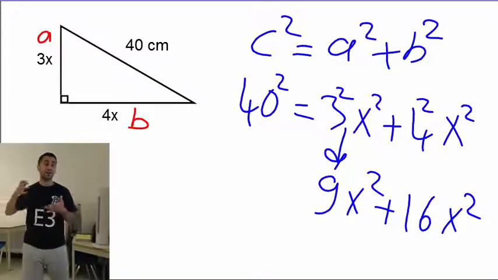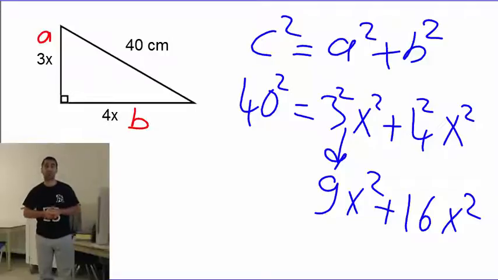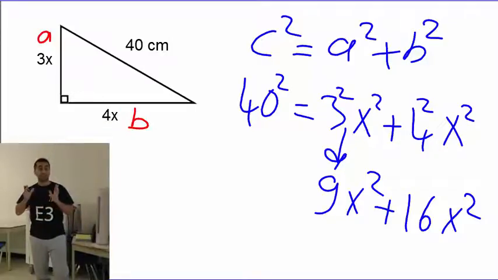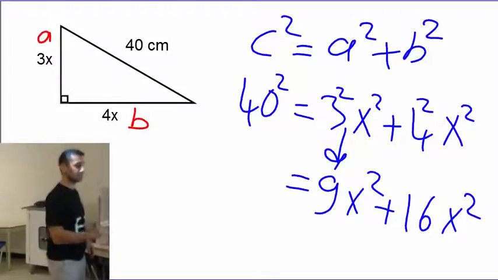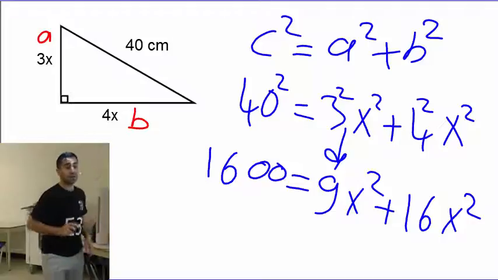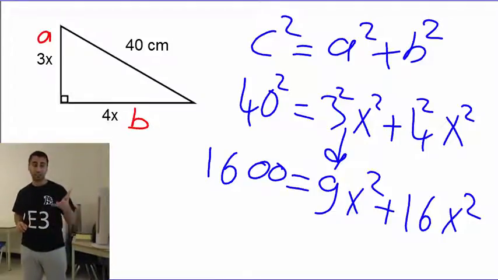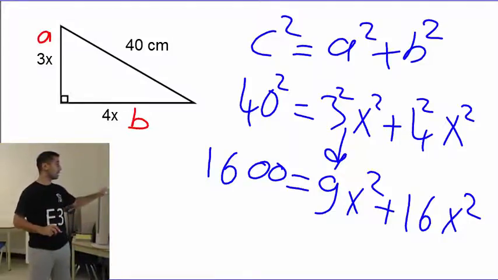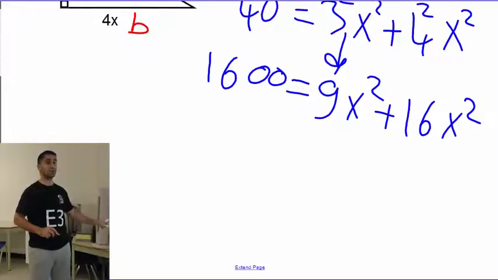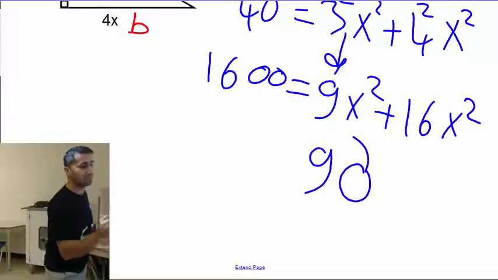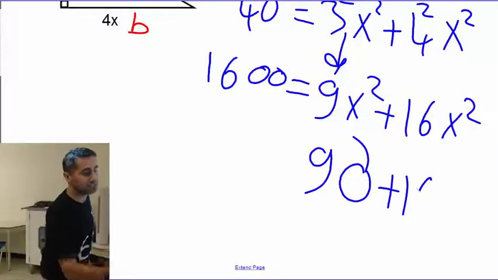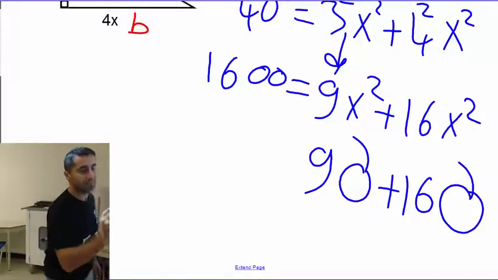And this is where students get confused most of the time. But for me, it's an easy calculation here. What makes it easy is that 9x square plus 16x square is no different than 9 apples plus 16 apples.